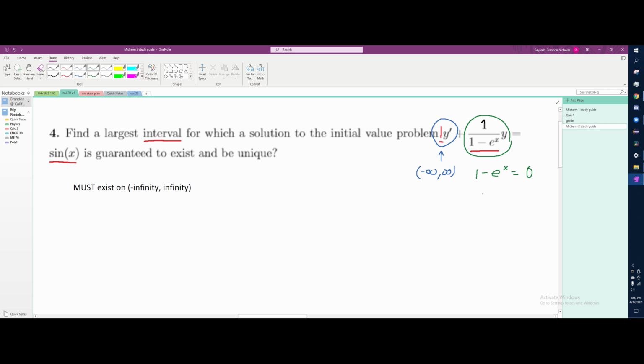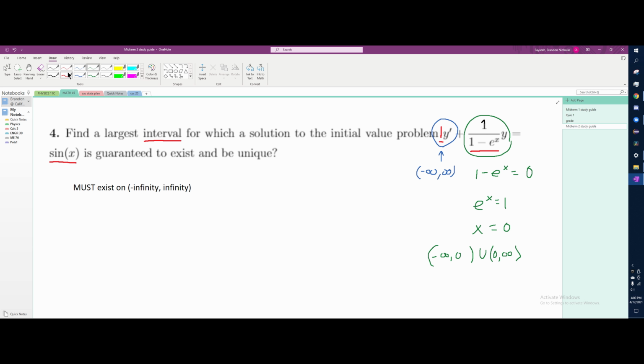So from here, we're going to get e to the x is equal to 1. If we take ln of both sides, we get x is equal to 0. So that means x cannot equal 0. So this interval exists from negative infinity to 0, and also on 0 to infinity.